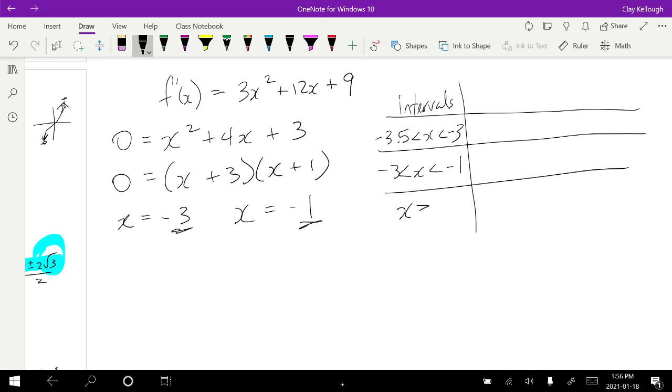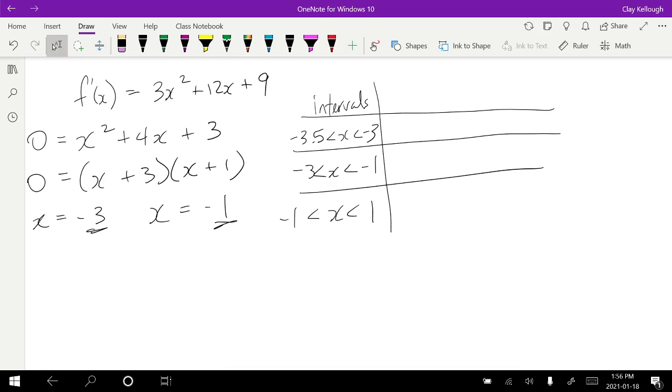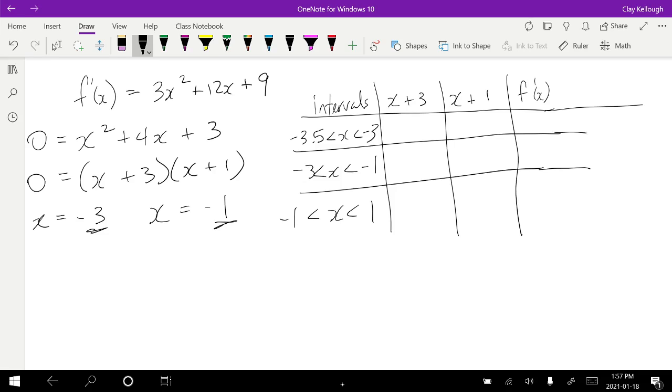It's still an interval, because remember, we're bounded again by the domain restriction of 1. And we need to figure out whether f is increasing or decreasing. So we have to explore what happens to the two factors, and then f prime of x. And we're going to use f prime of x to tell us whether we are increasing or decreasing.